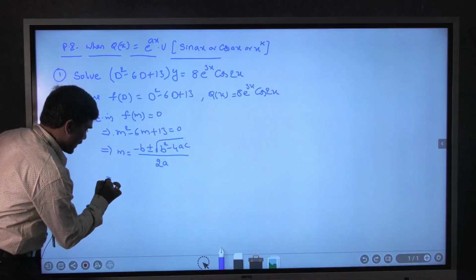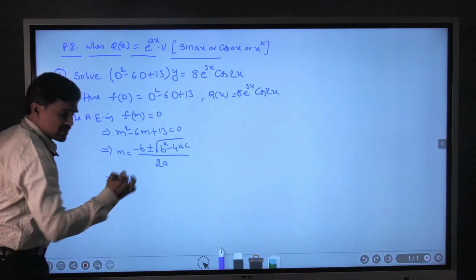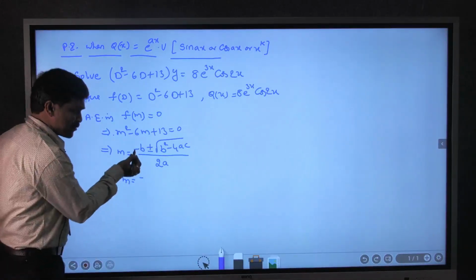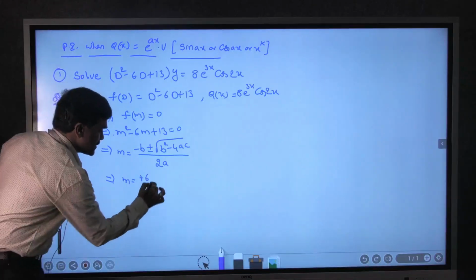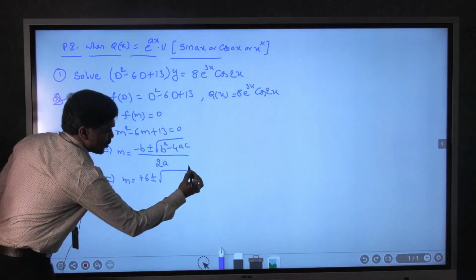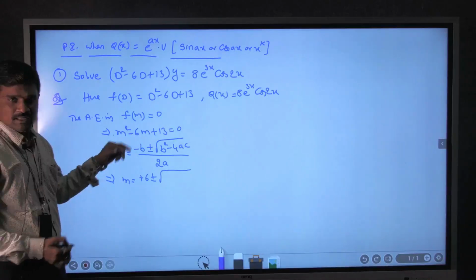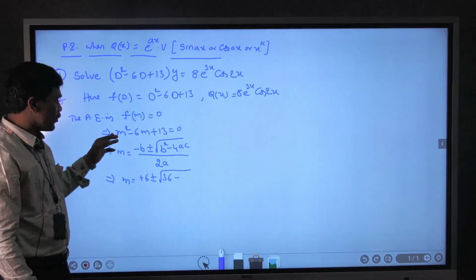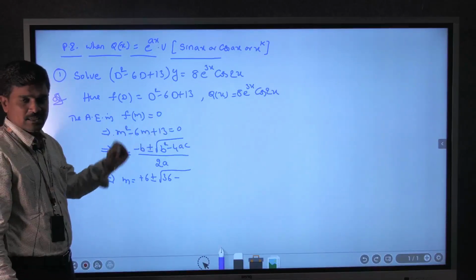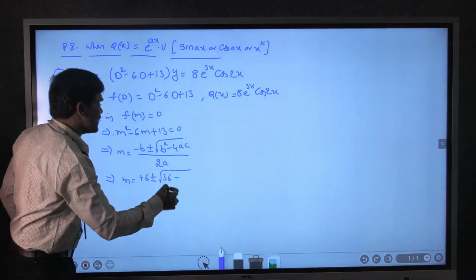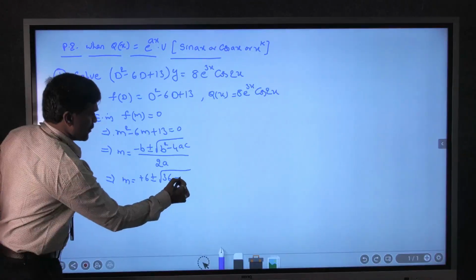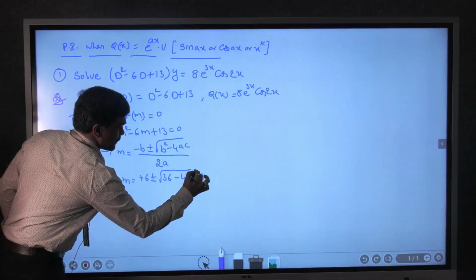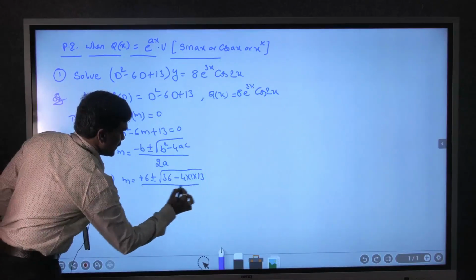Now substitute those values in this formula. m is equal to minus of minus 6 plus or minus square root of b square, what is b here? Minus 6, so square 36, minus 4ac, where a is 1 and c is 13, by 2a.